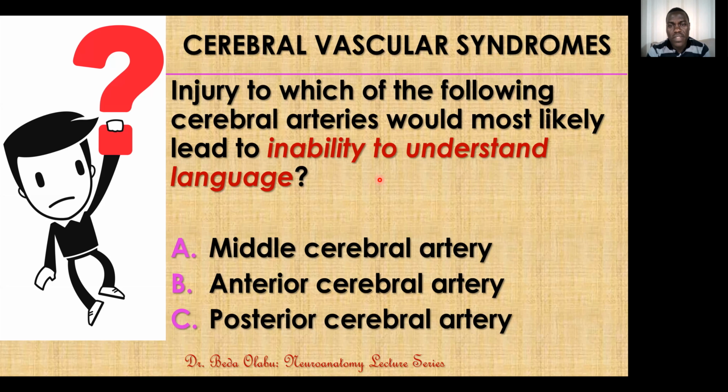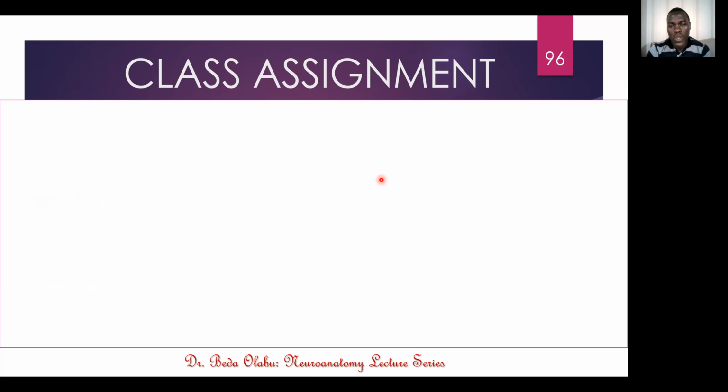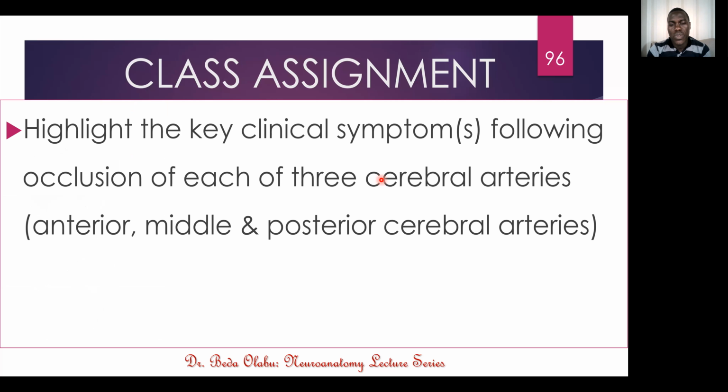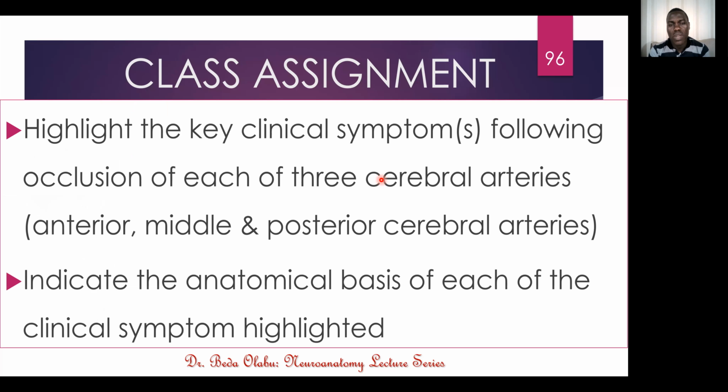I want to give you an assignment. This assignment, you're not doing it today. It is with regard to what I've told you about blood supply to the cerebral cortex. So at your own time, go read on anterior cerebral syndrome, middle cerebral syndrome, and posterior cerebral syndrome.